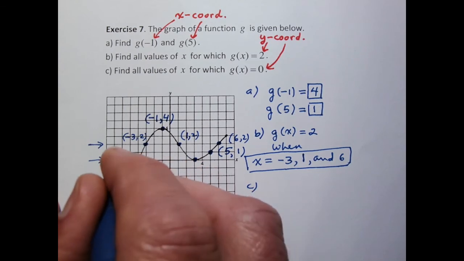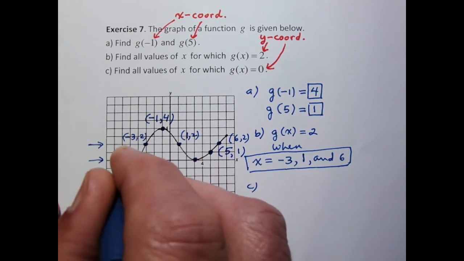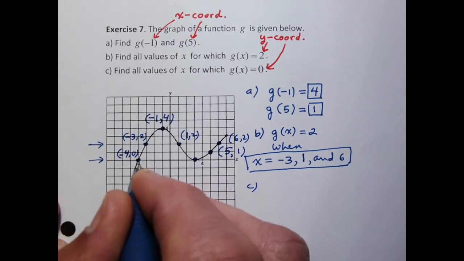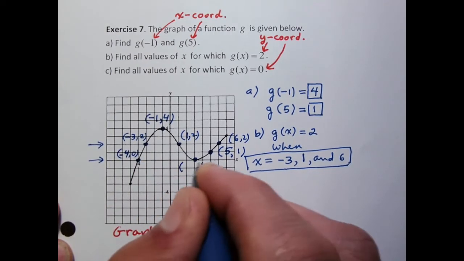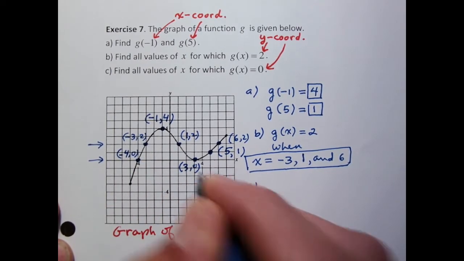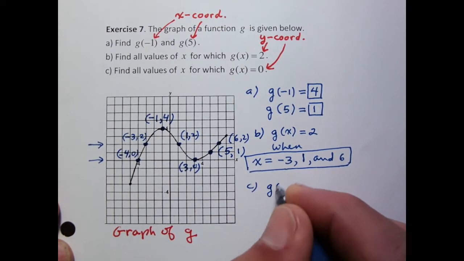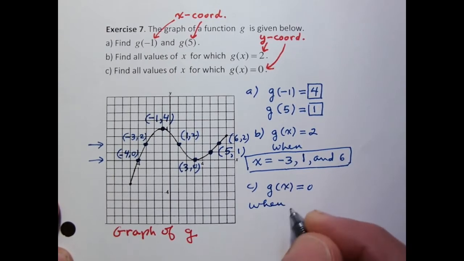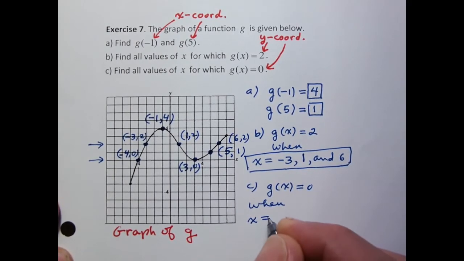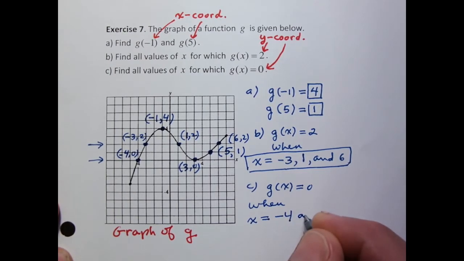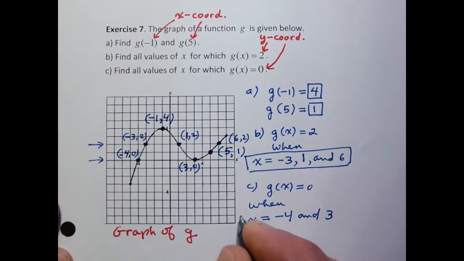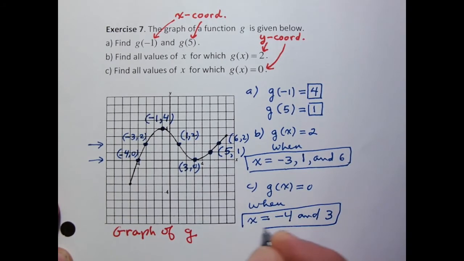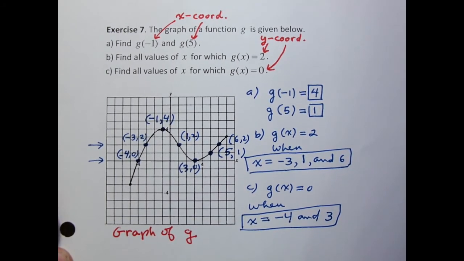This point has coordinates -4, 0. This point has coordinates 3, 0. So g of x is equal to 0 when x is equal to -4 and +3. There are just 2 x values there. And so there's exercise 7.